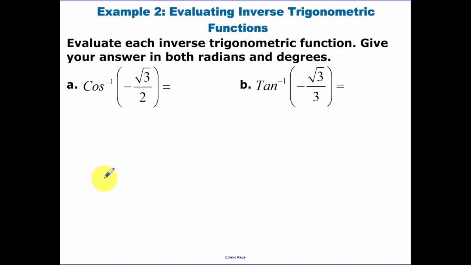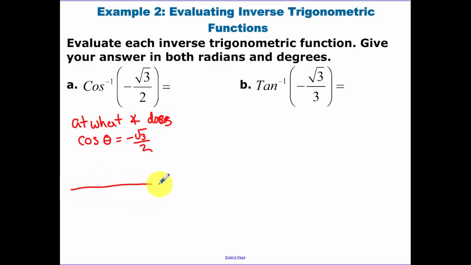Evaluating trig functions. Again, think about it like this: at what angle does the cosine of that angle equal -√3/2? What you have to keep in mind is that for cosine, we're just looking on our unit circle in quadrants 1 and 2.